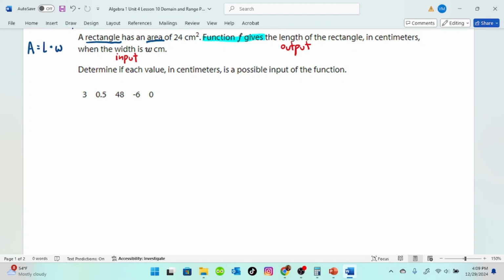So what they want to know here is what types of numbers could be the width in order to find the area of these rectangles. So we're trying to figure out what types of numbers are able to be widths of rectangles.